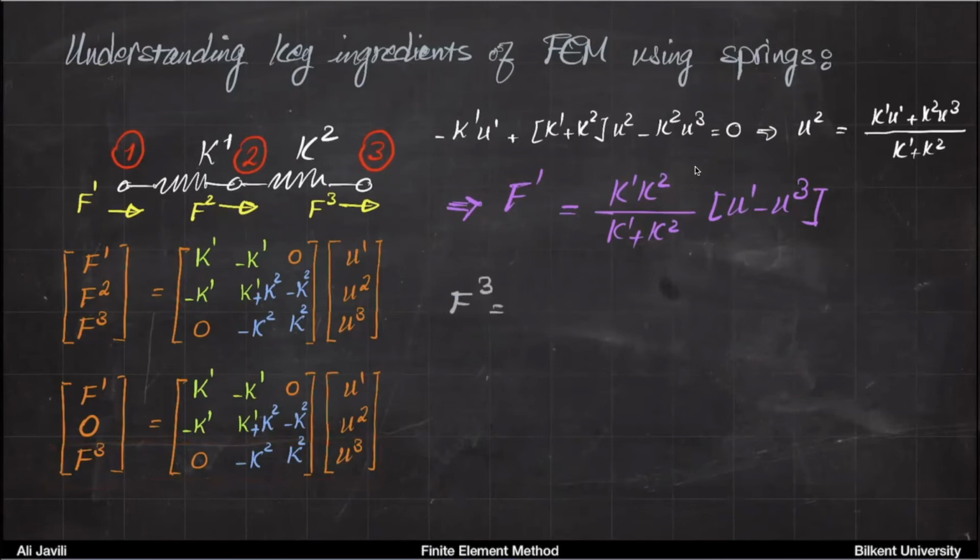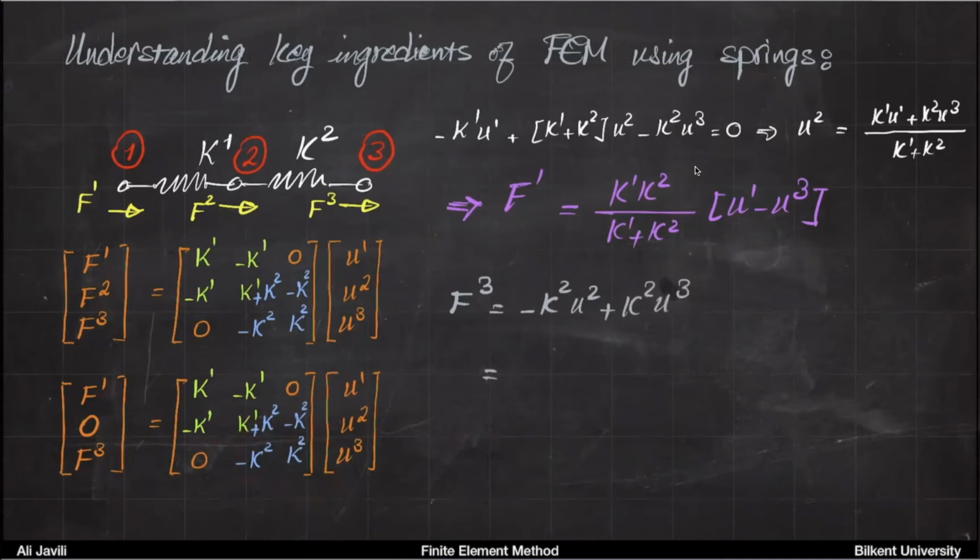So F3 now would be 0 times U1 minus K2 times U2 plus K2 times U3. So it's minus K2 U2 plus K2 U3.